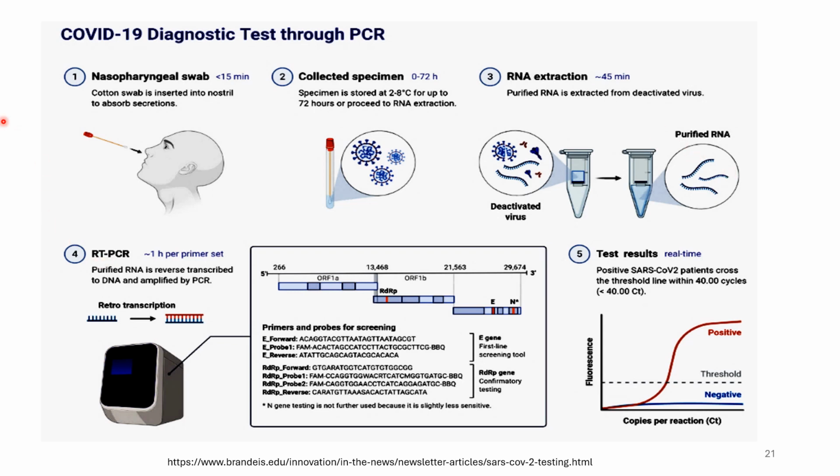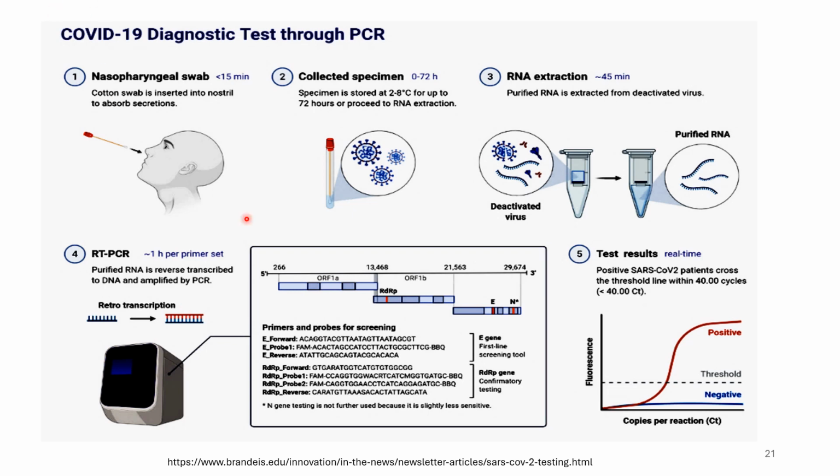Reverse transcriptase PCR. The purified RNA strands are then subject to reverse transcription, wherein the viral RNA is converted to complementary cDNA using an enzyme, reverse transcriptase. This step is necessary because PCR amplification works with DNA and not RNA.